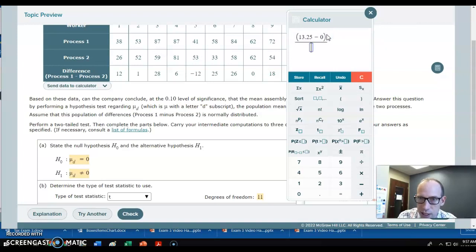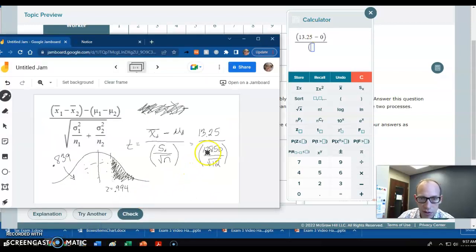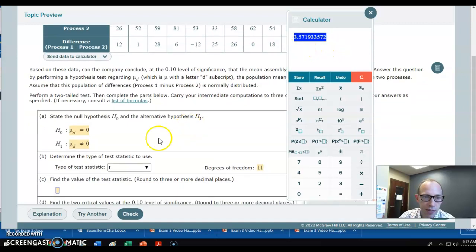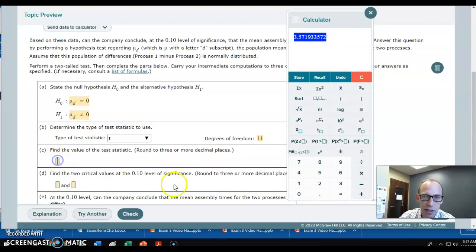You don't really need the 0 there. And then here on the bottom, we're going to have another little fraction. So that's going to be our 12.850 divided by square root of 12. Okay, and this gives us 3.572, and that's our t statistic.